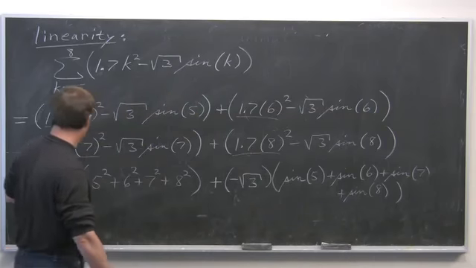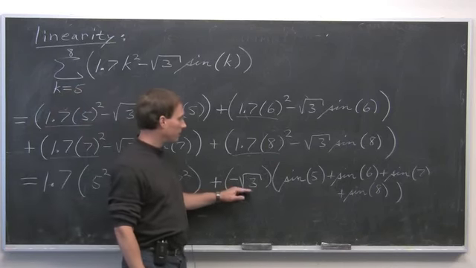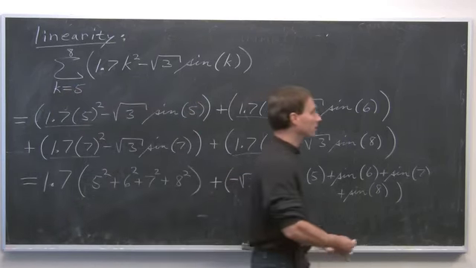What's the point? The point is this is 1.7 times this summation plus negative square root of 3 times this summation.